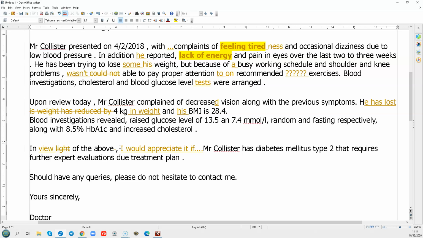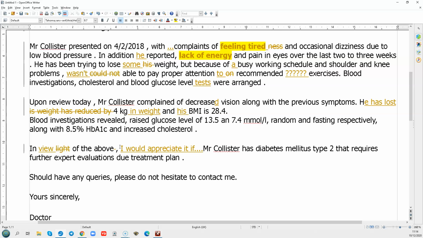Not in light of the above Mr. Collister has. So you would say, in view of the above, my provisional diagnosis is diabetes, etc. You do it like that. Okay? I would appreciate it if you could evaluate and prepare a treatment plan.